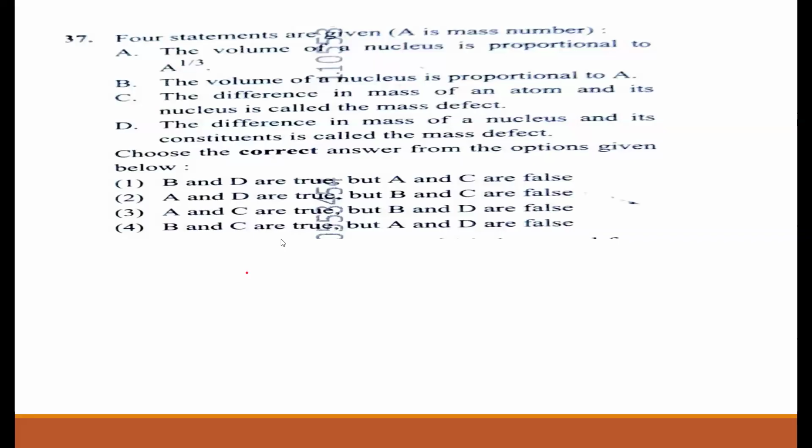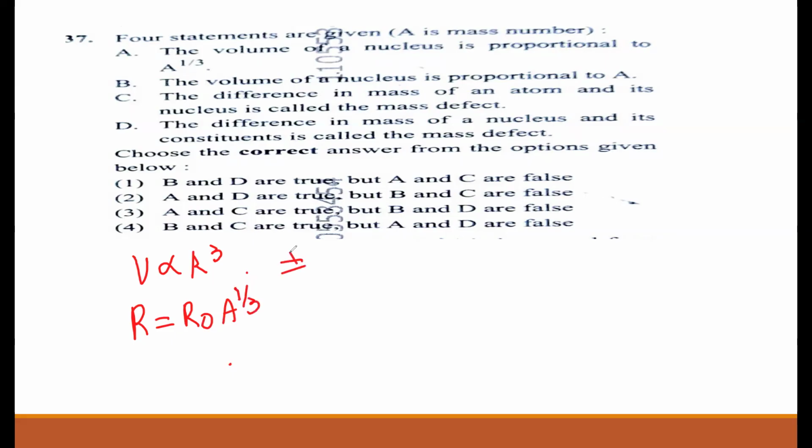Now, coming to question number 37, there are four statements given on mass number. First is, the volume of a nucleus is proportional to A power 1 by 3. See, volume is proportional to the cube of the radius, and radius is given as R naught A power 1 by 3.